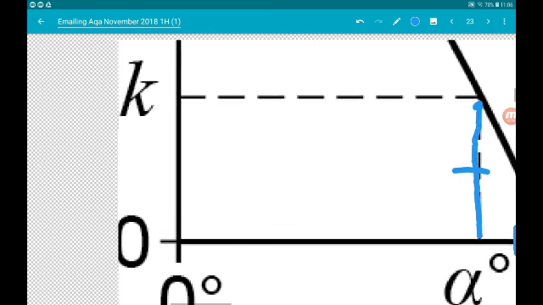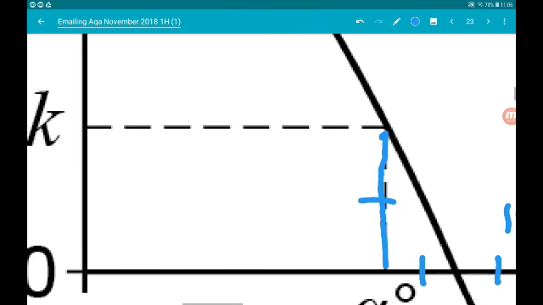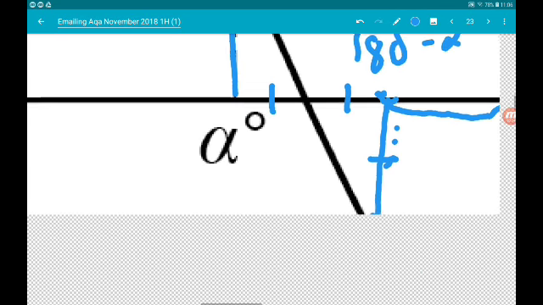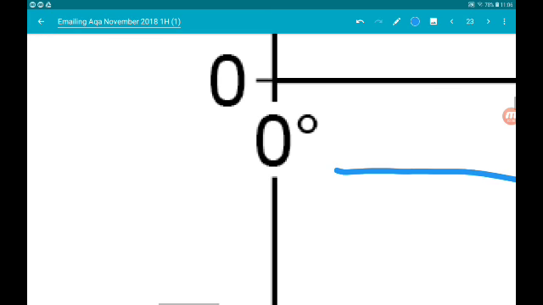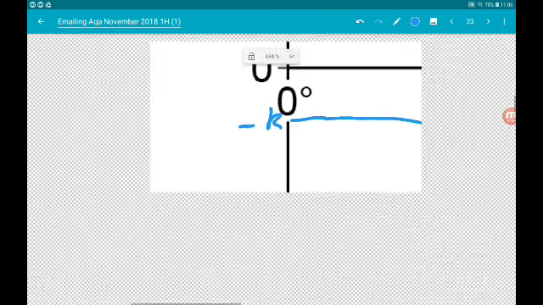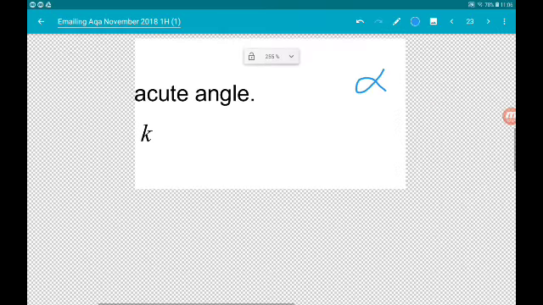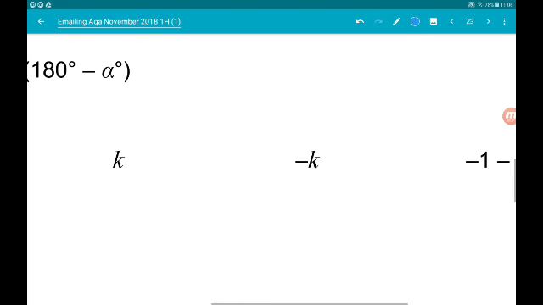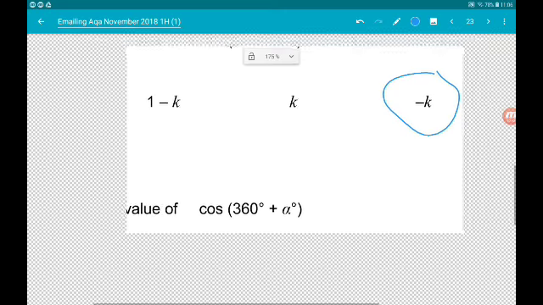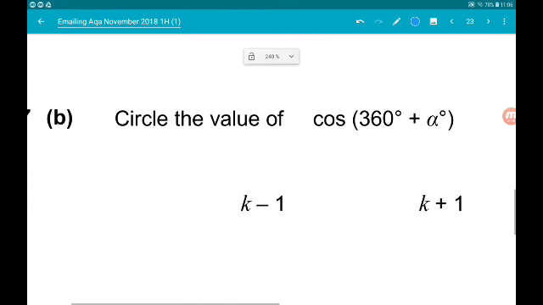Now we know that this is k above the x-axis, so this is going to be k below the x-axis. So this is going to be minus k. There it is.